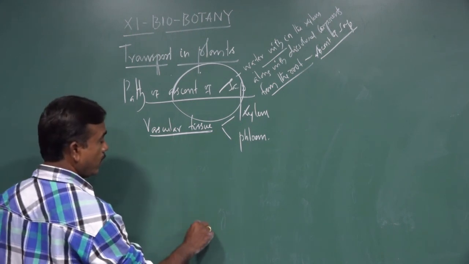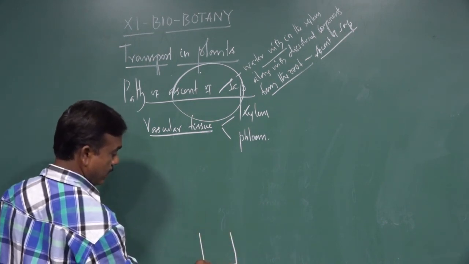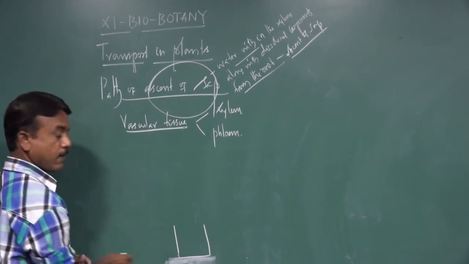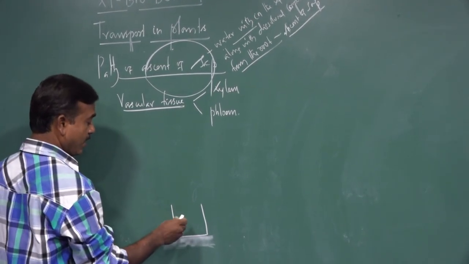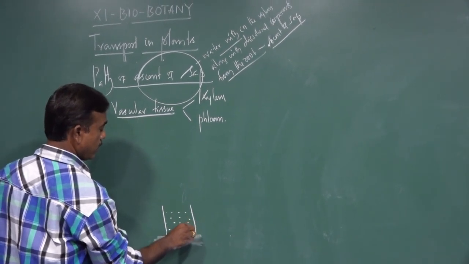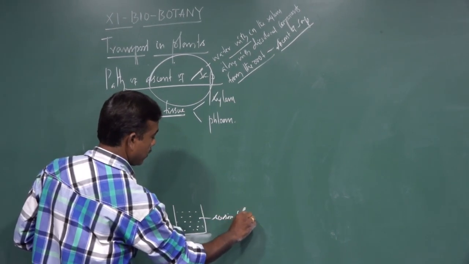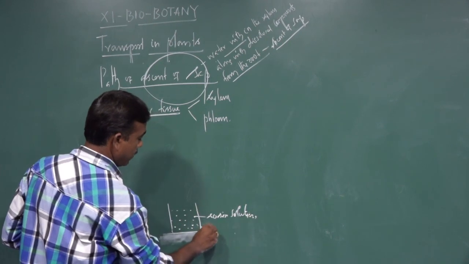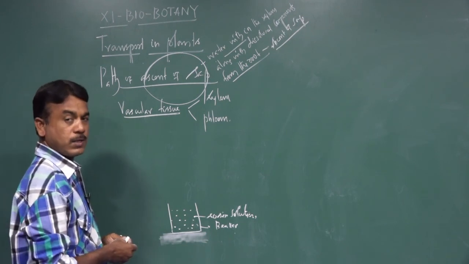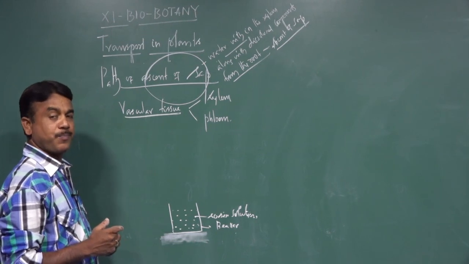You take one beaker, the beaker containing eosin solution. So the beaker contains eosin solution. What do you have to prove? That xylem is responsible for the ascent of sap.